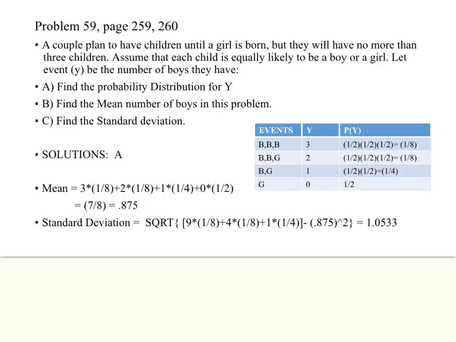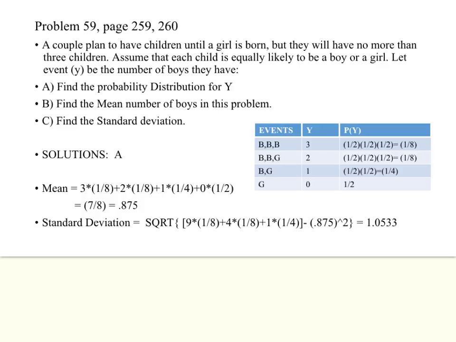The final problem we're going to look at is the following, where we try to create some sort of a probability distribution to some extent. So, problem 59 on page 259 and 260, a couple plan to have children until a girl is born, but they'll have no more than 3 children.